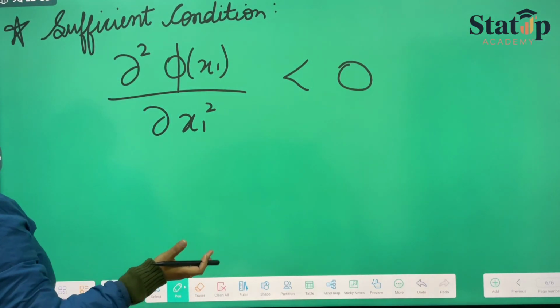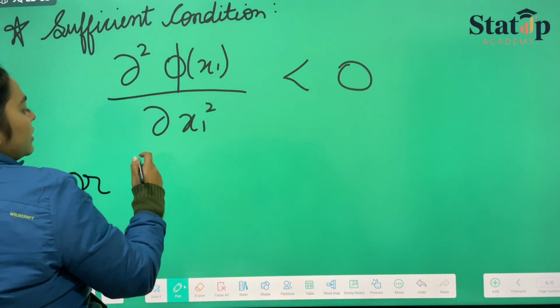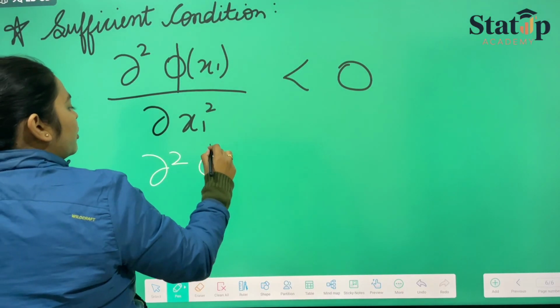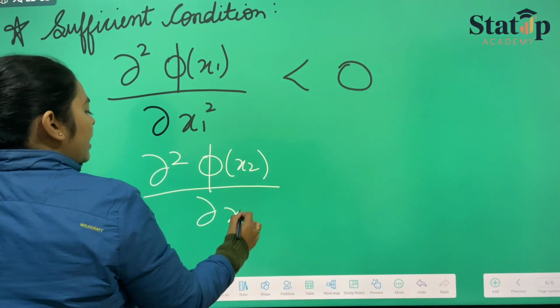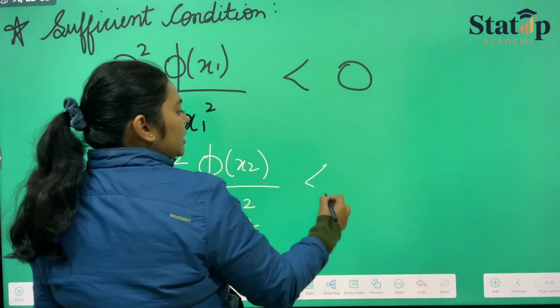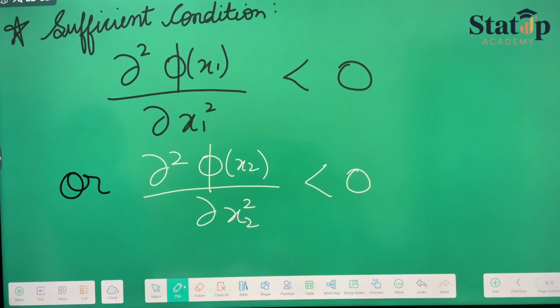Or if we are taking it in terms of x2, then the double differentiation of phi x2 with respect to x2 should be less than 0. This forms the sufficient condition of our equation.